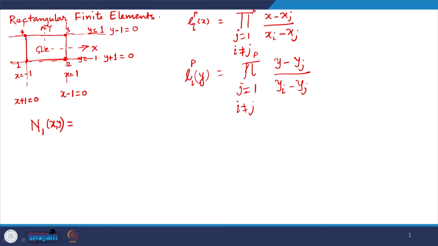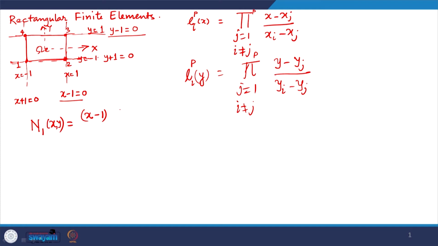would be given by x minus 1, the equation of this line, that is x minus 1, right. So, x minus 1 multiplied by the equation of this line 3 4 joining the nodes 3 and 4.